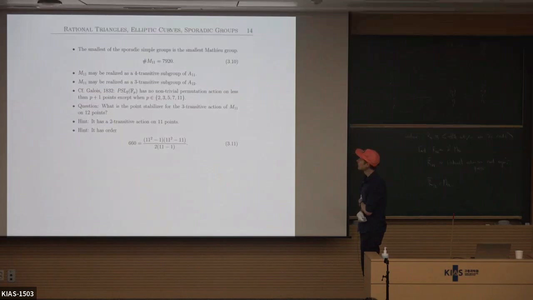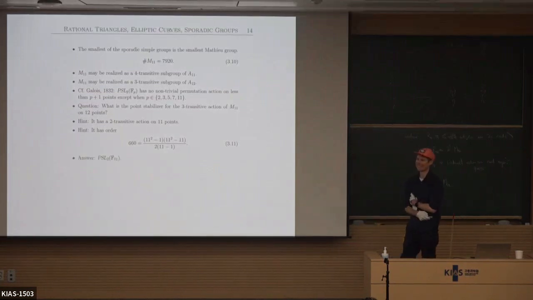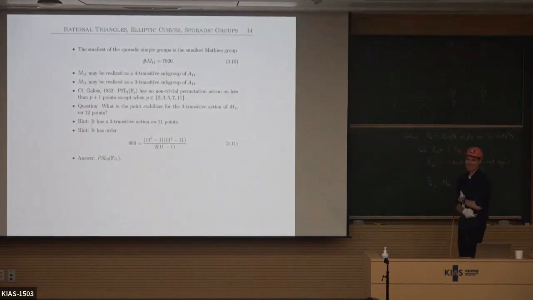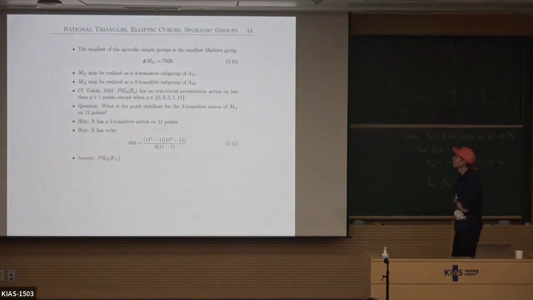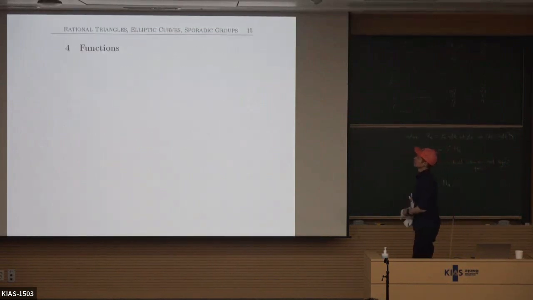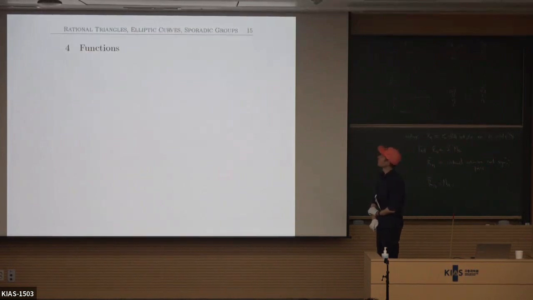It's got to be PSL2 of 11. Yeah. Okay. So these two miracles are connected: Galois' theorem and M11 acting on 12 points. They're connected. All right, and let's try and tie these topics together now.